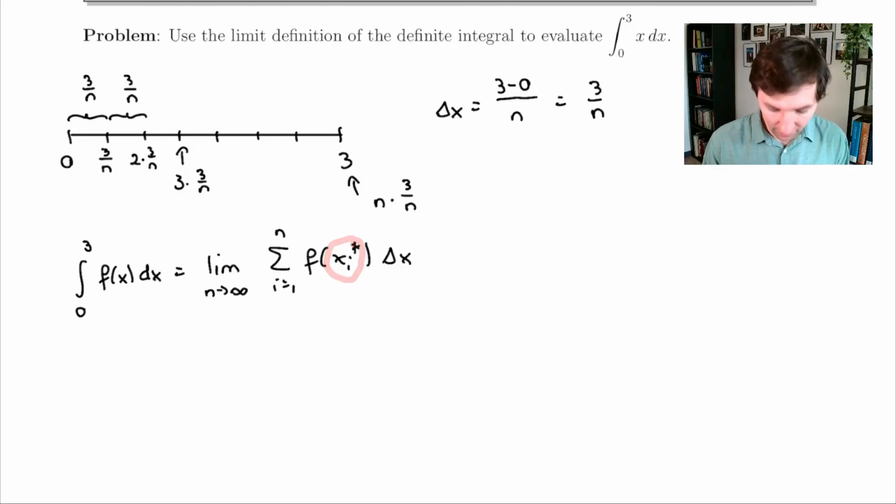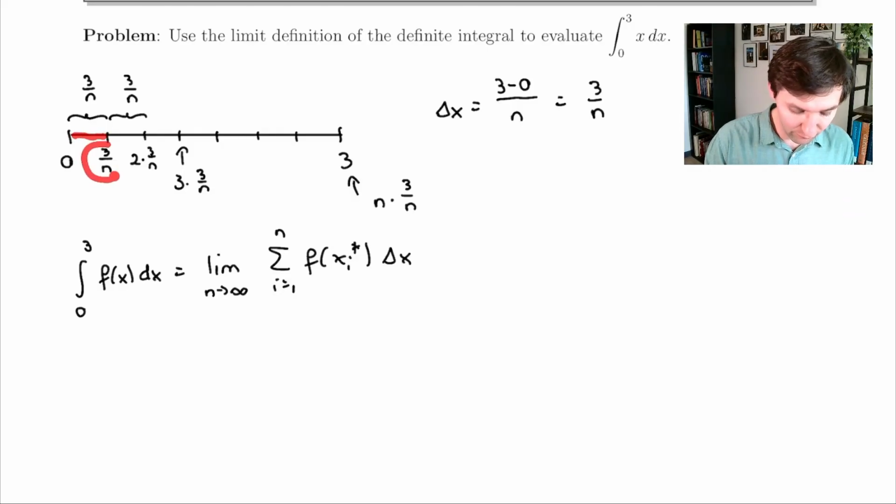For example, x1 star will be any sample point from the first subinterval. x2 star will be any sample point from the second subinterval, and so on. Because I'm allowed to use any sample point I wish from each subinterval, I will choose the endpoint of each subinterval as my sample point. The first subinterval will have a sample point 3 over n.